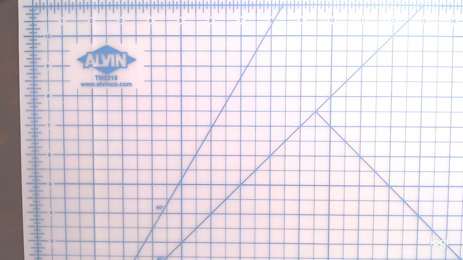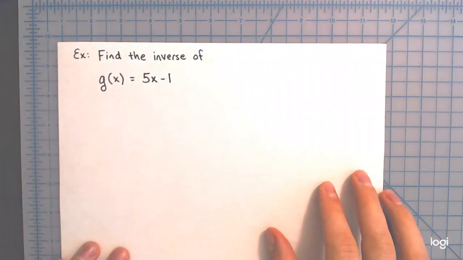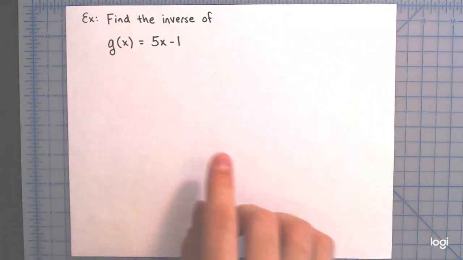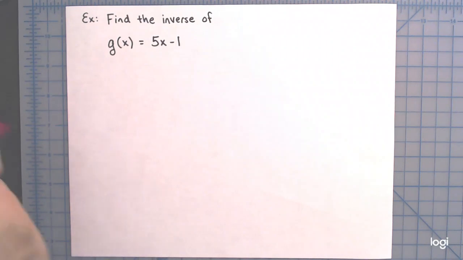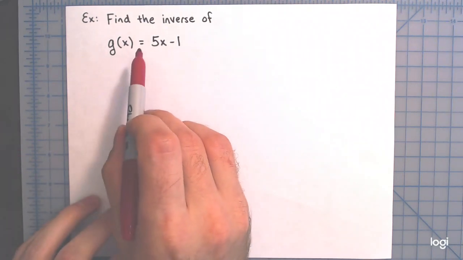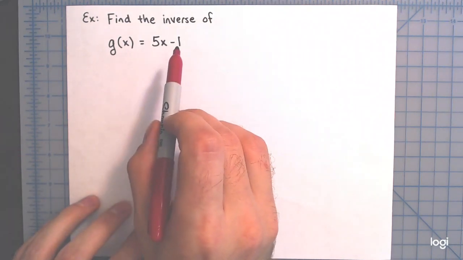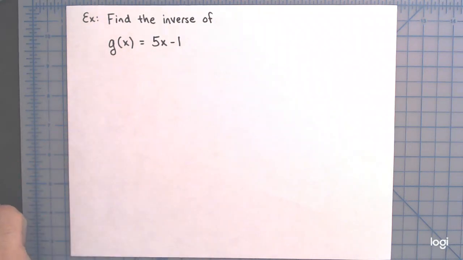So my first page is an example, where again I'm given an equation. I'm asked to find the inverse of g of x equals 5x minus 1. Now that is a one-to-one function.